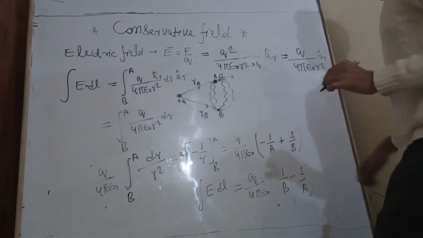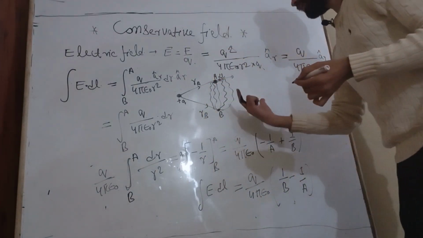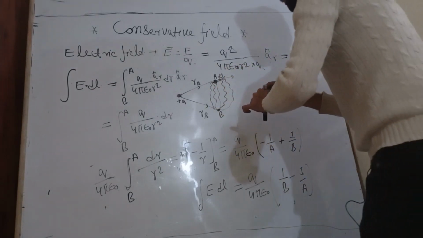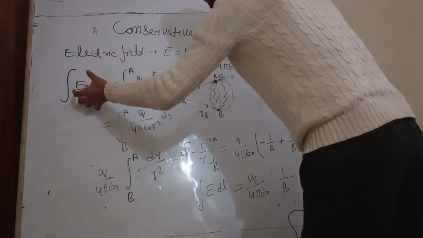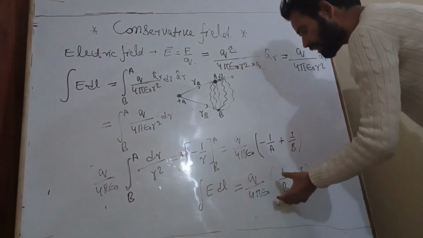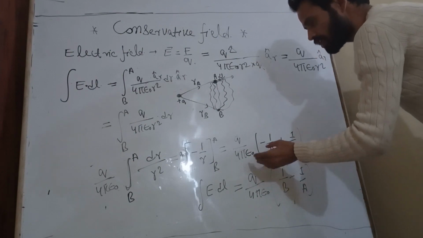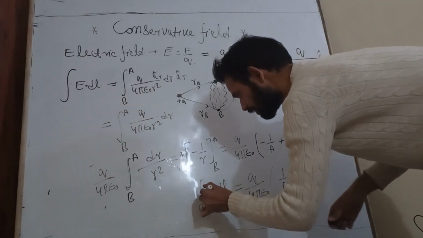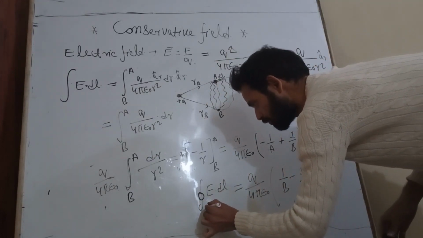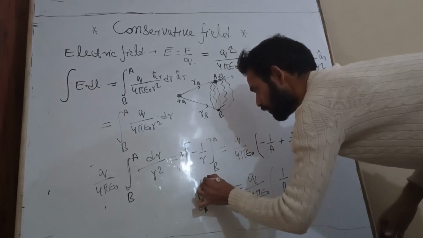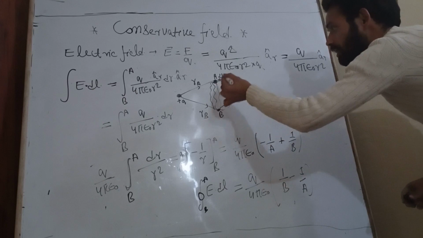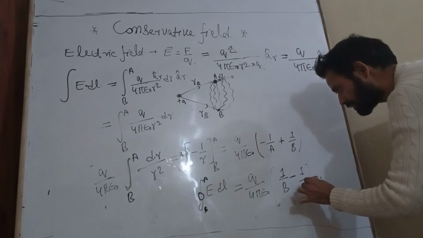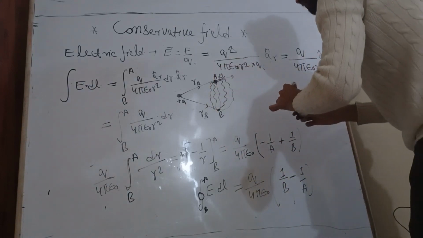Through which path you go from B to A does not matter at all, because, as we derived and reached the final solution, the integral of E vector dot dl does not depend on whatever path you choose. It depends only on the initial and final positions.